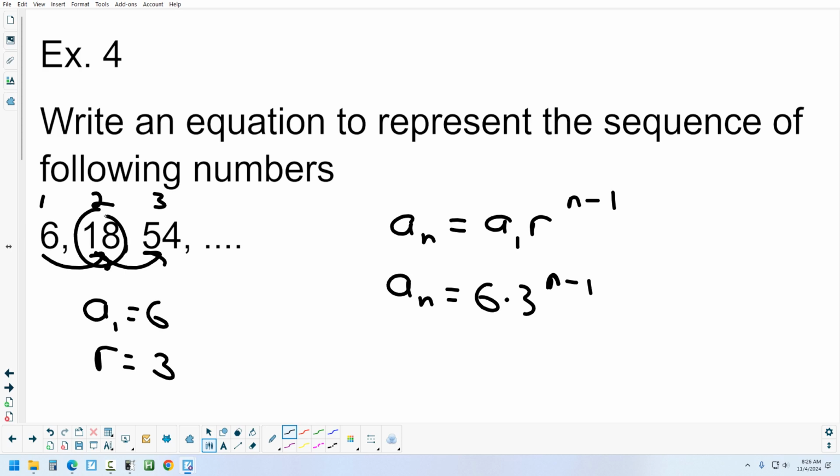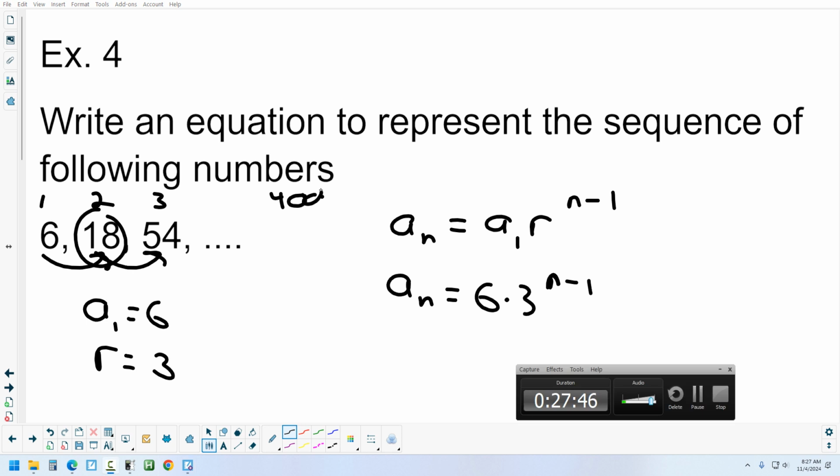It correctly predicted. So now if you wanted to know the 400th term way down here, all we have to do is fill in a 400 for n and do it up. But that's the formula you'll be using. And that's the notes on geometric sequences.